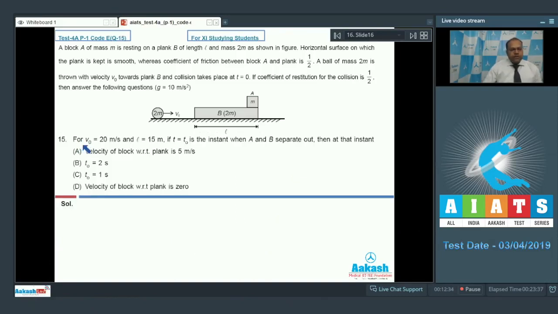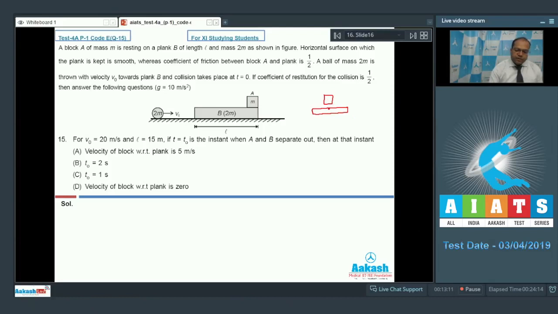In question number 15, for v naught equal to 20 meter per second and L equal to 15 meter, if t equal to t naught is the instant when A and B separate out, then at that instant we have to check the validity of given options. So if I draw the free body diagram, then this plank received impulse in this direction.